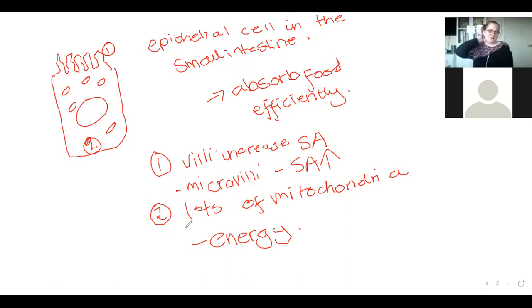Obviously, you should know that in multicellular eukaryotic organisms, specialized cells are grouped together, and when they group together, they form tissues. A tissue is a group of cells that work together to perform a particular function, and different tissues work together to form organs. Different organs make up an organ system, and organ systems make an organism.